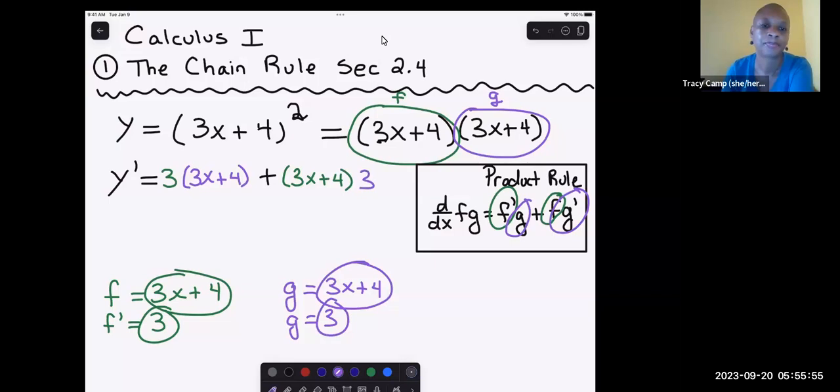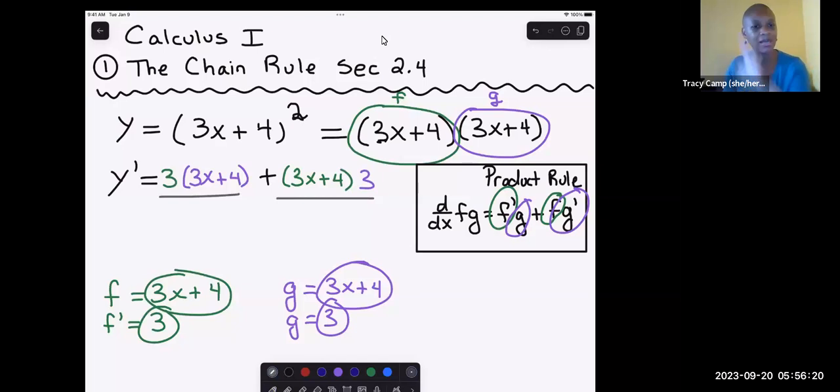And notice what we get here. We can work through this a couple of ways, but I want to leave it a certain way. I know this is kind of strange, but we're just going to come back to this later. I want you to notice that we have like terms here.